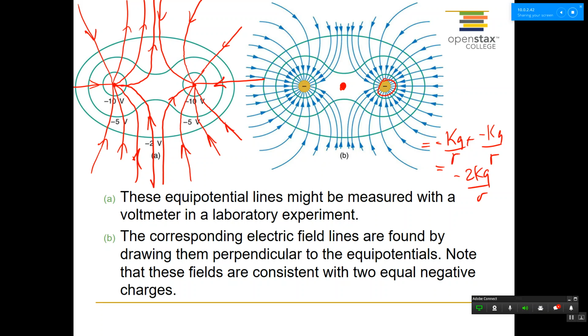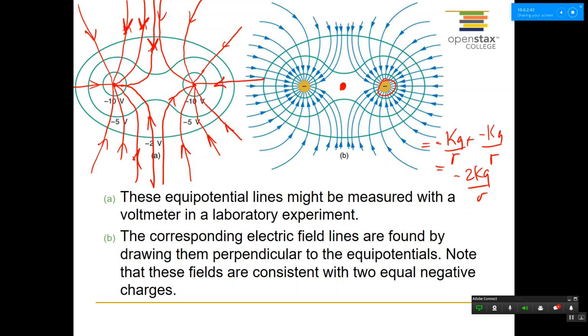So the potential at the middle is not zero, all right, because it is not a vector. If it were a vector, then yes, you're right, they would cancel each other out because they're going in opposite directions, but it's not a vector. You just add them up.